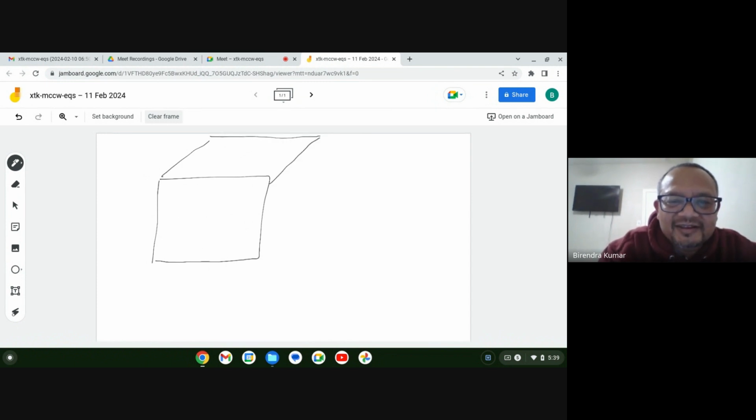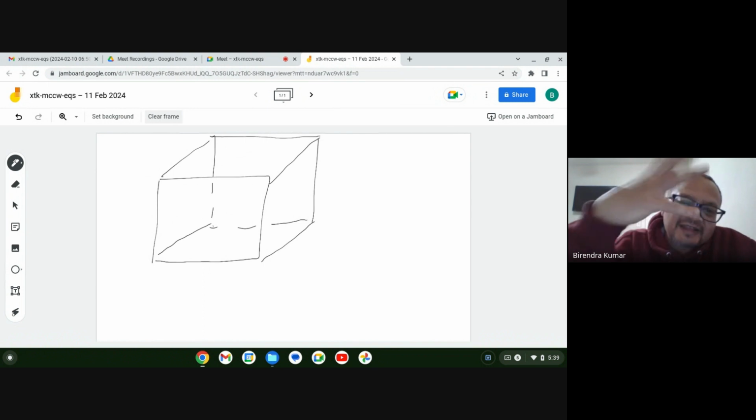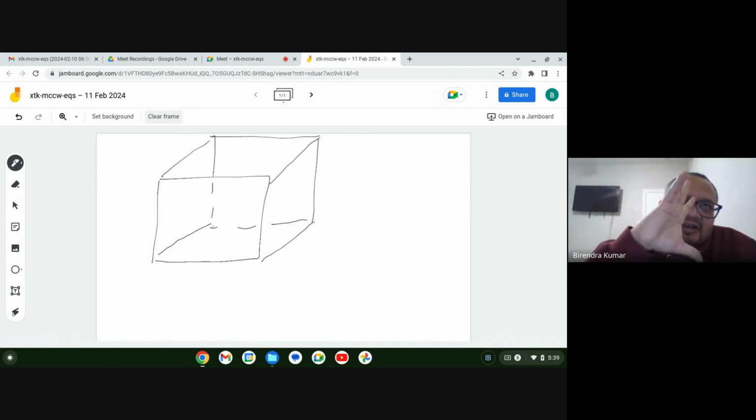Now again, this is a bit of visualization. Imagine, if you remember the dice you would have used for playing Ludo. How many numbers do you see? Each side has some dots, right?